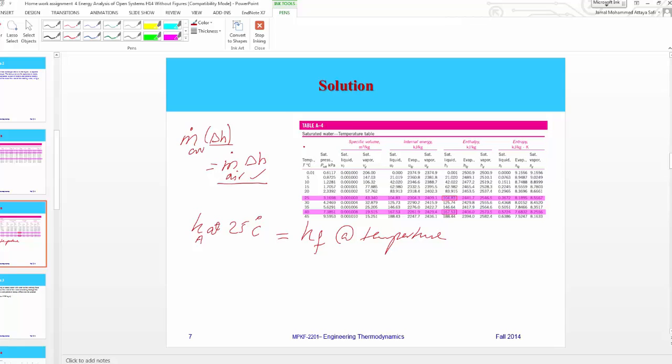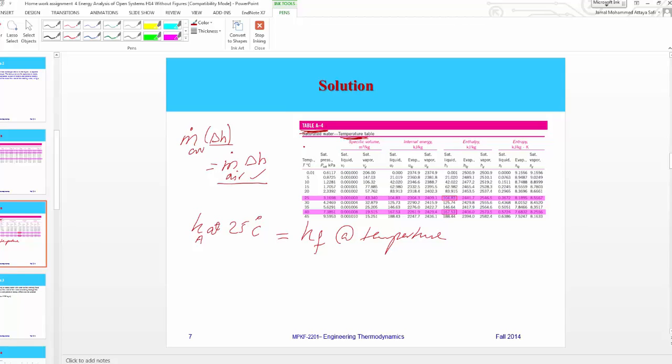So if we have a compressed liquid, I go to the table A4, which is a temperature table. I cannot read it from the pressure tables, for example A5. It has to be the temperature table. This is how we agreed, as it gives the minimum error. And you can just read HF.